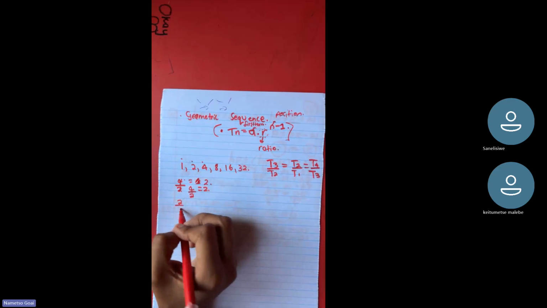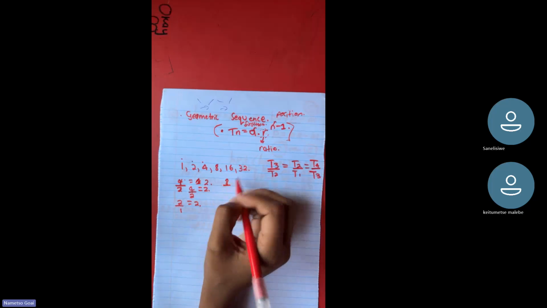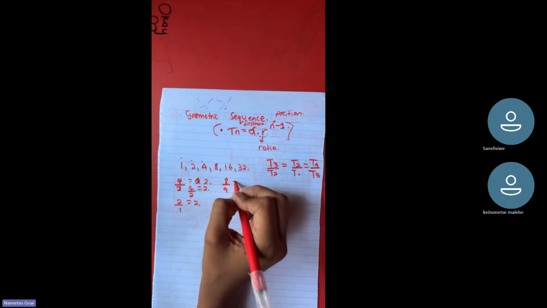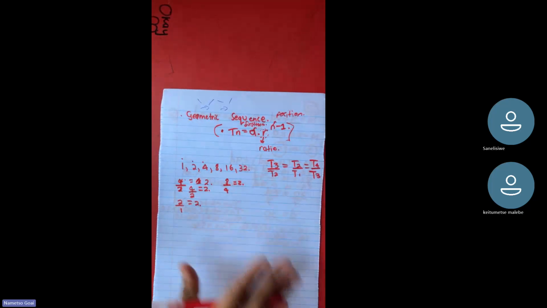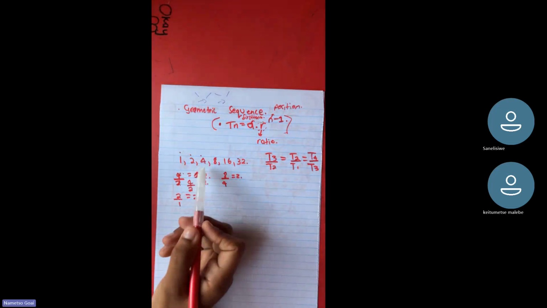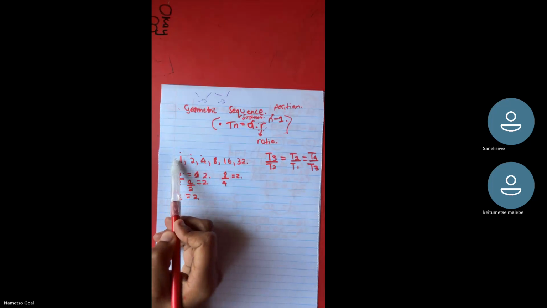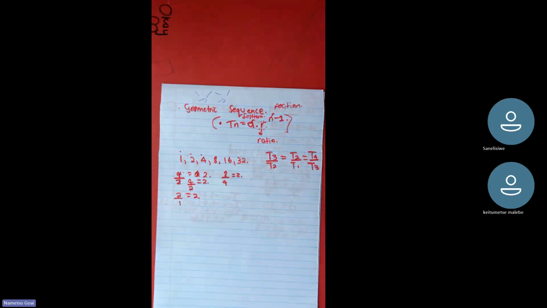Right? 2 divided by 1, it's 2. 8 divided by 4, it's 2. So can you see that the ratio between these two is equal to the ratio between these two, which is also equal to the ratio between these two. Same way, if you were to say 16 divided by 8, it is still going to give you 2. So we have a common ratio of 2.